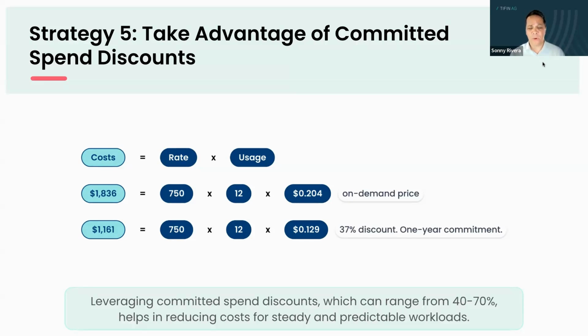And what's important for the data leader that's making decisions about budgeting and what kind of committed spends they make, it's important for them to know, but it's important for software developers and architects to know, hey, if I'm going to run this service 24/7, I'm going to run this thing all the time. I want to help my company.